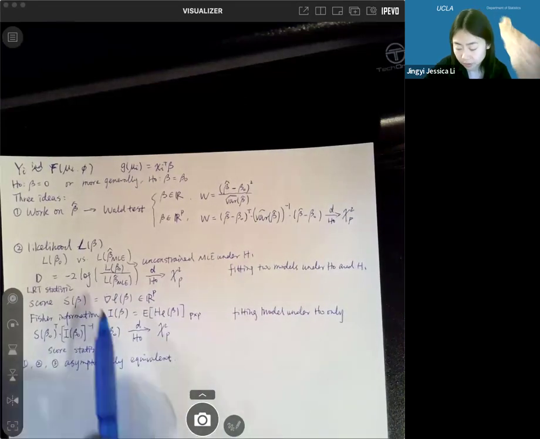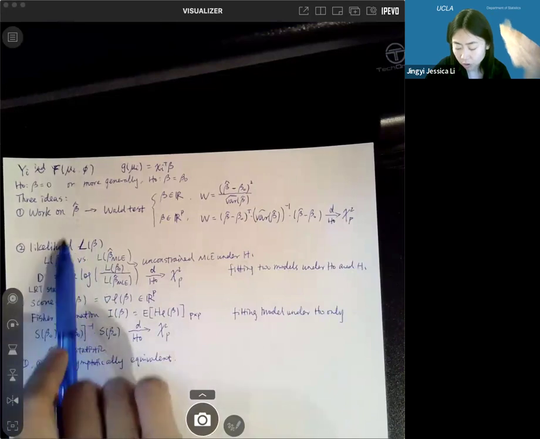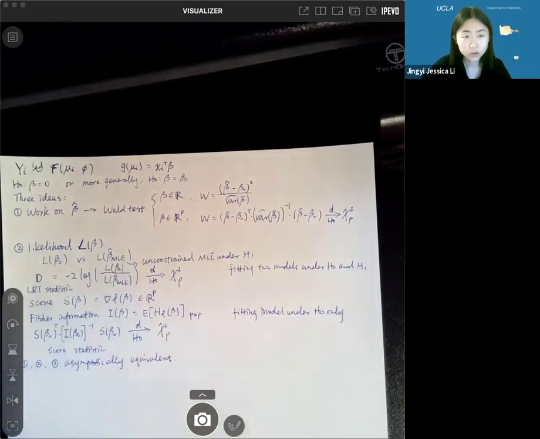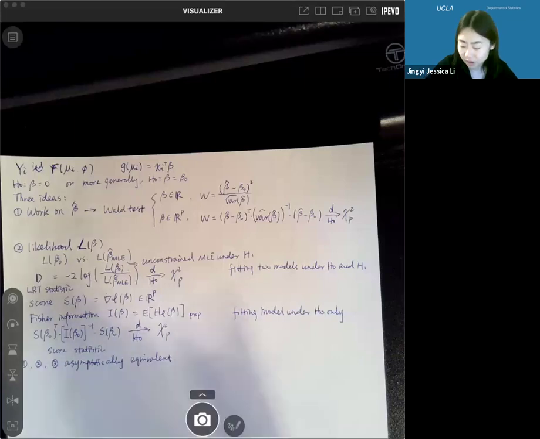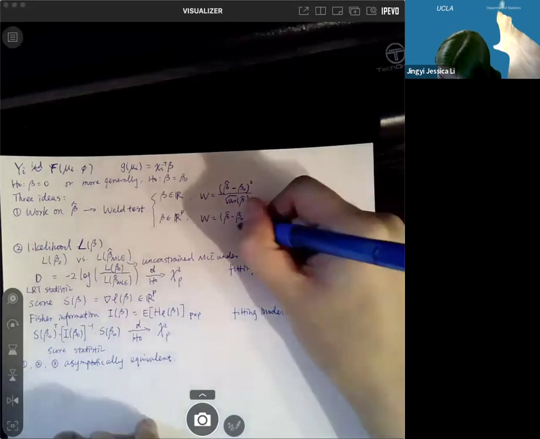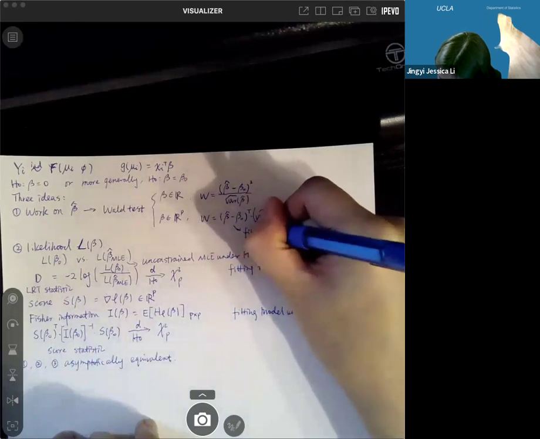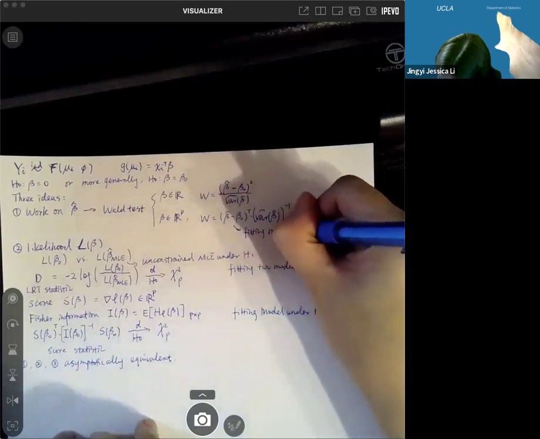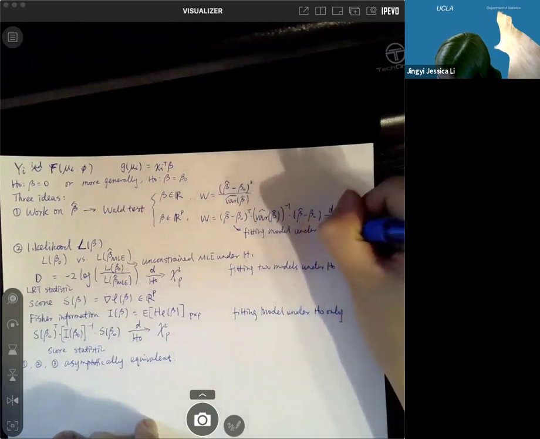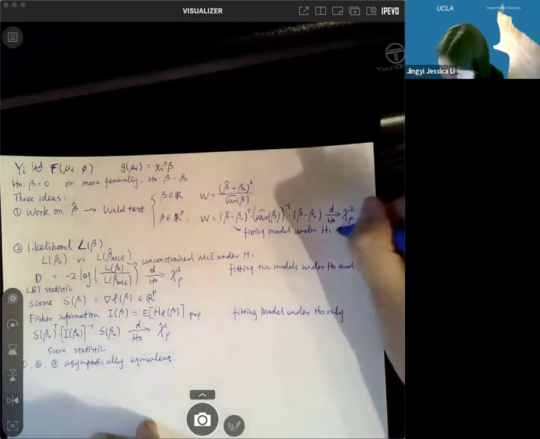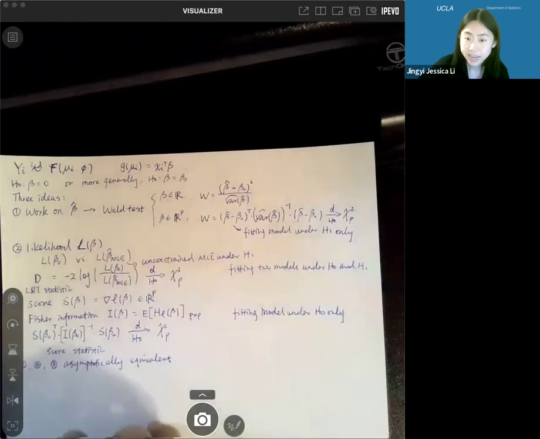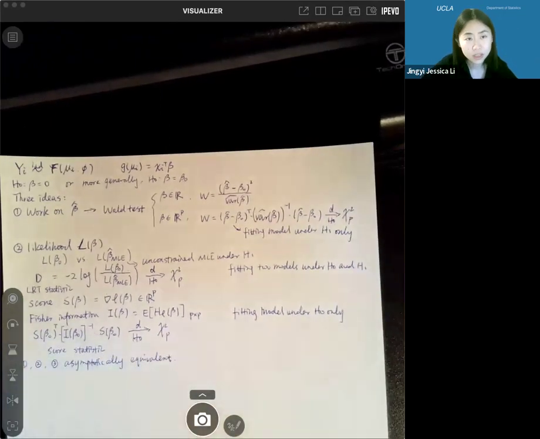And if you think about the Wald test, you are fitting the model under the alternative, under the full model, right? That's how we get the beta hat. Fitting the model under H1. So you see that practically you do the model fitting in different ways.